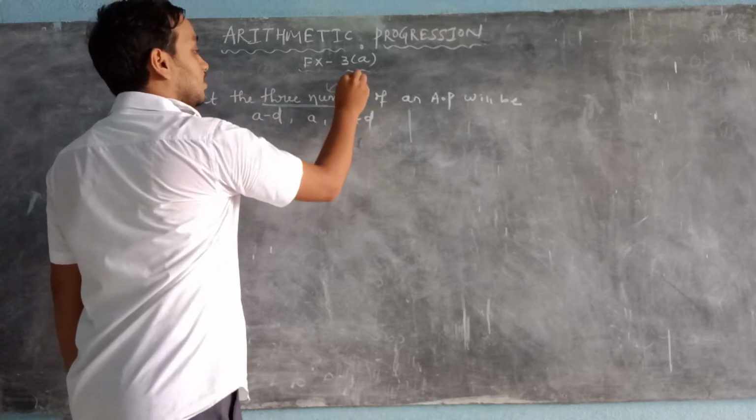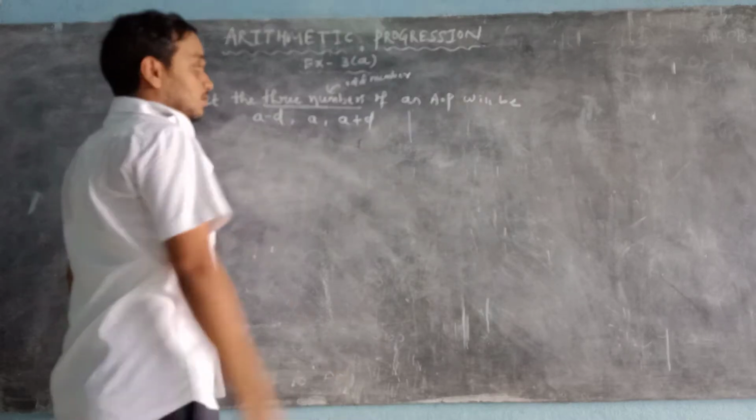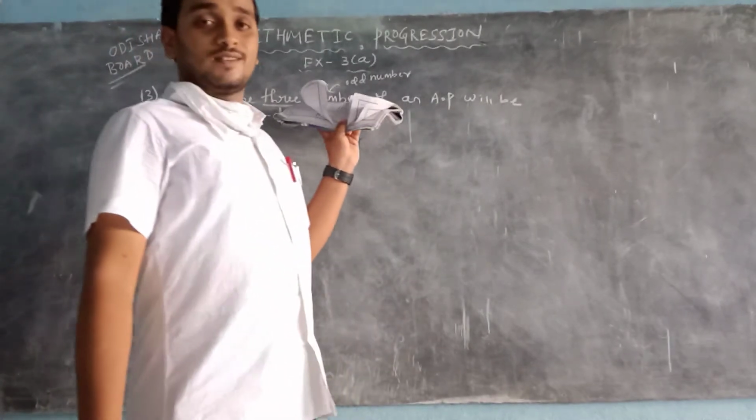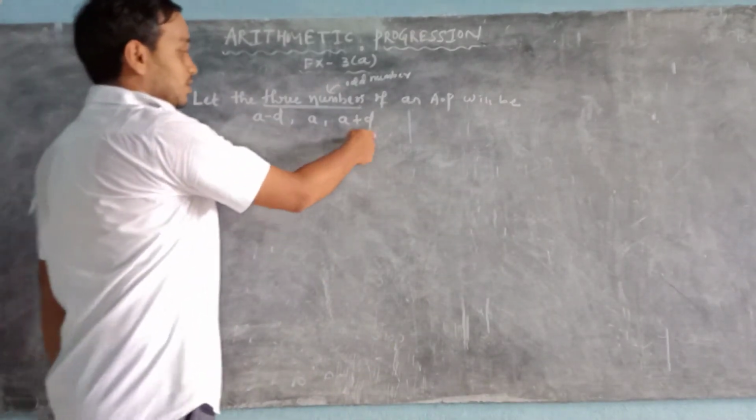This is an odd number, that's why we will take the series A minus D, A, A plus D.